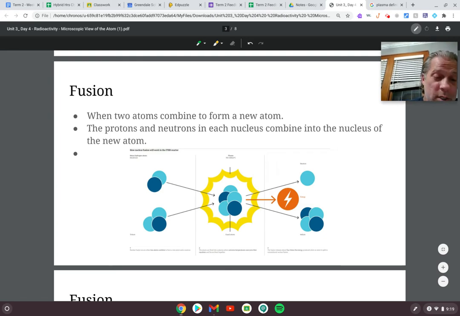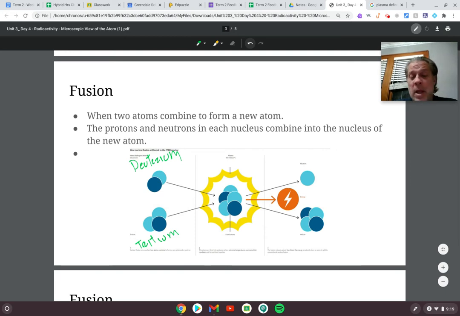The first one is deuterium, and the second one is tritium. Those are both forms of hydrogen.